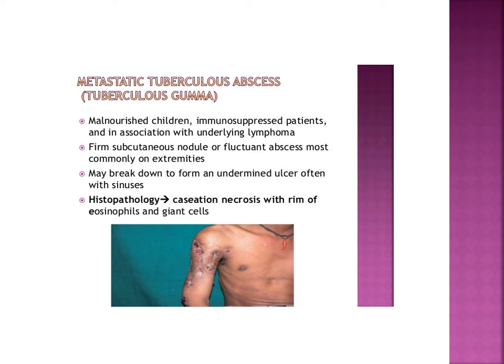First a subcutaneous nodule or abscess is formed, and then it breaks down to form an ulcer, as you can see in the picture. This type mostly comes in the differential diagnosis of actinomycosis, because similar discharging sinuses are formed. Sometimes we also confuse it with another type of tuberculosis, as we discussed earlier, scrofuloderma.